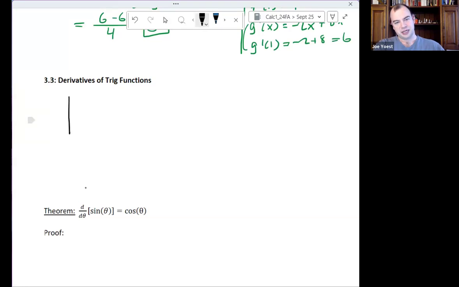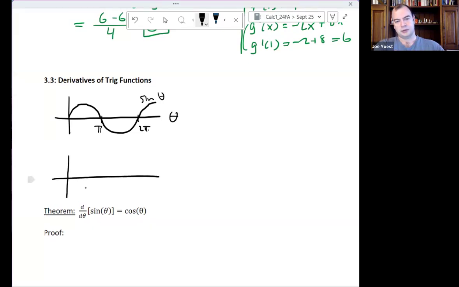So if I have a function sine theta, this is pi, and this is 2 pi. This is sine theta. And if I look at the function cos theta, I'm trying to draw this pretty reasonably accurately.